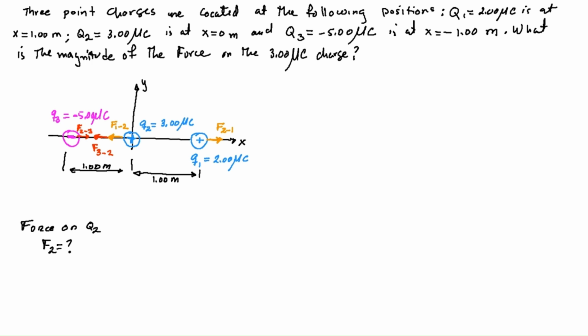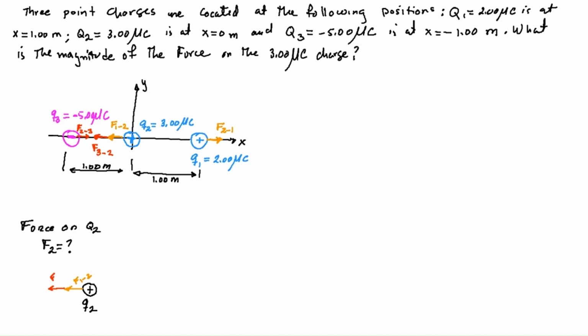So what we want to do is to find the forces on particle 2. If we isolate the particle 2, we see that on this particle Q sub 2, we have the force that 1 exerts on particle 2 pointing to the left, and you have the force that particle 3 exerts on particle 2 also pointing toward the left.